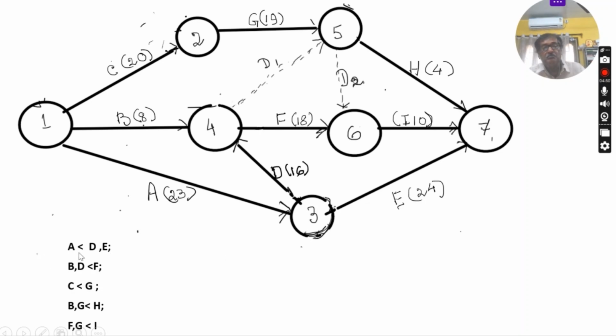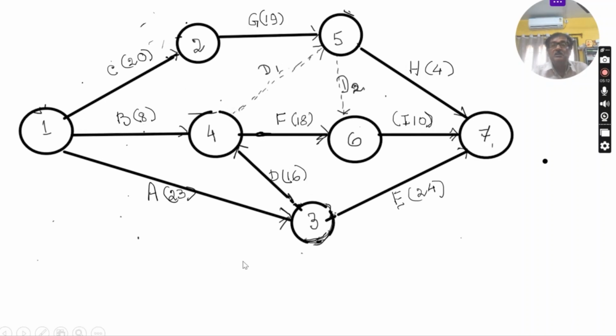D and E cannot be started before A. C less than G means after completion of C, G will start. In this way. For better understanding, see the previous video. I am not going to waste the time. So this is the network, drawn with the time durations of the activities given.